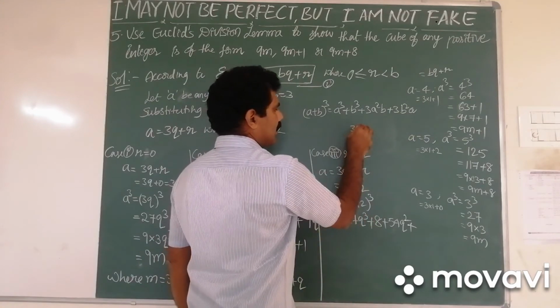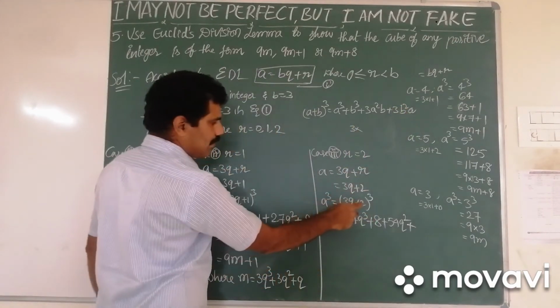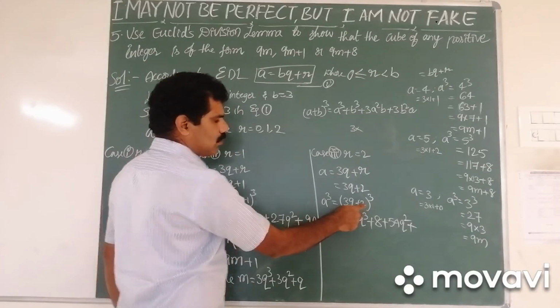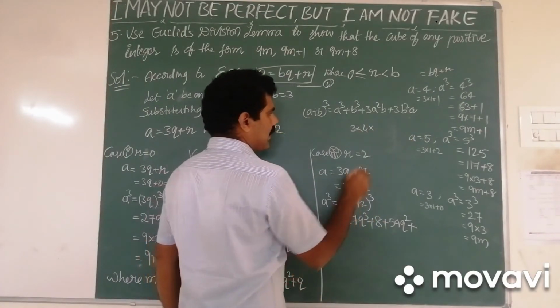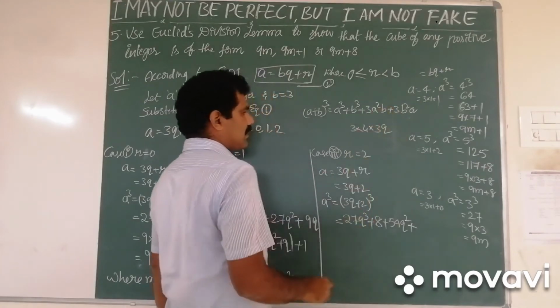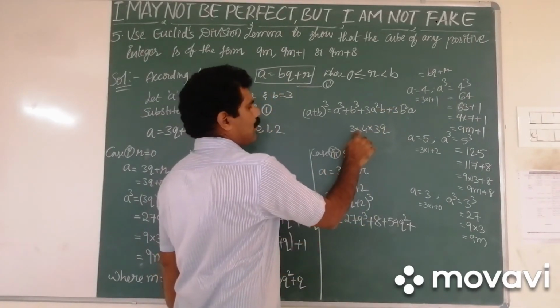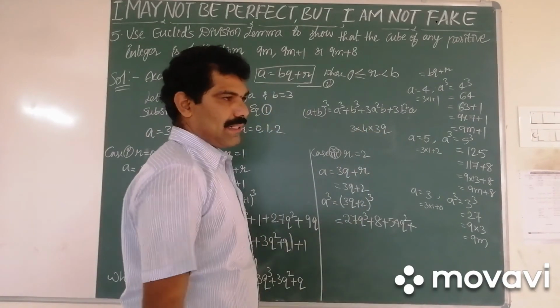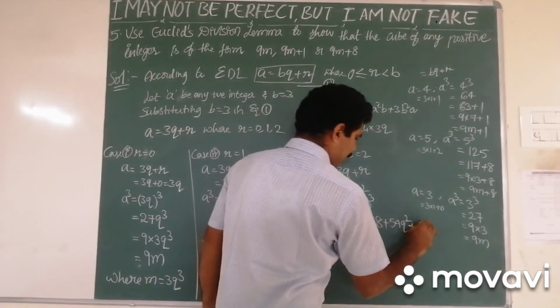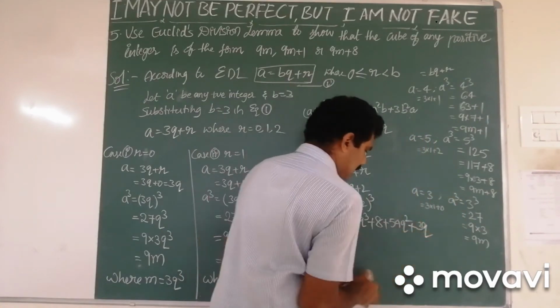So 3 into b square. What is b square? Here b value is 2, b square is 4, into a. The a value is 3q. Now what is the answer for this? 3 fours are 12, 12 threes are 36. So 36q.